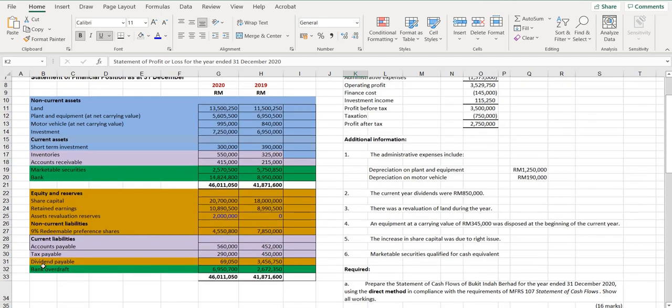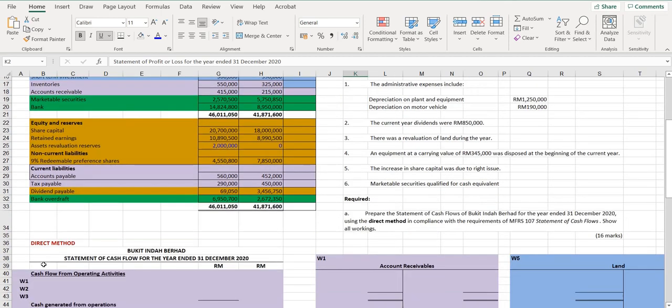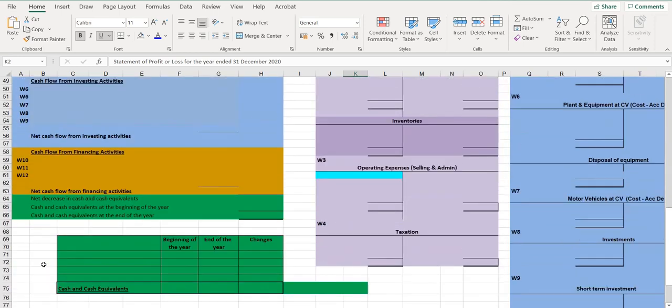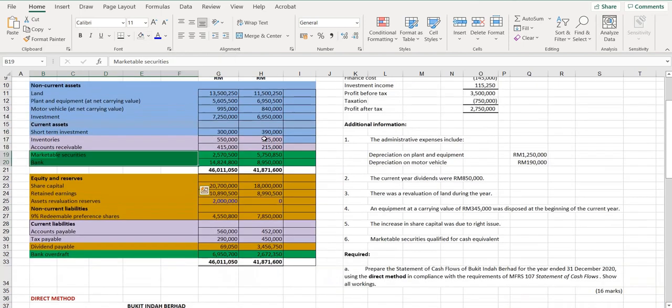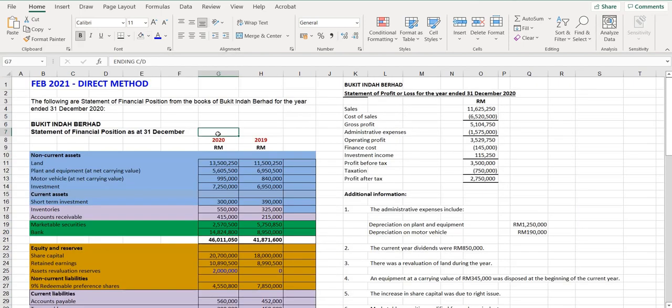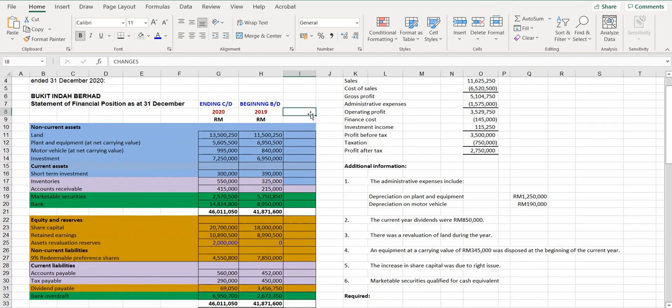We will start off by doing the calculation for the cash and cash equivalent. Marketable securities, the one that you have here, has two balances. First, you need to label which is the ending balance and which is the opening balance, and then look at the changes of those two balances to find out whether there is a net increase or a net decrease in the cash and cash equivalent.